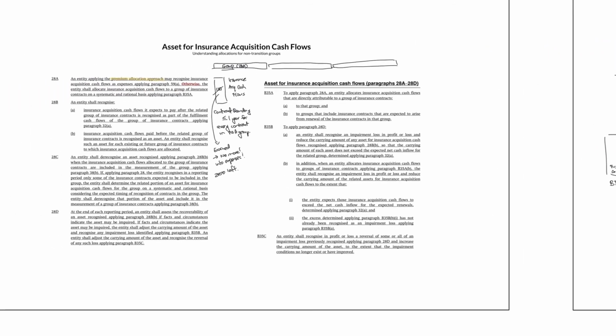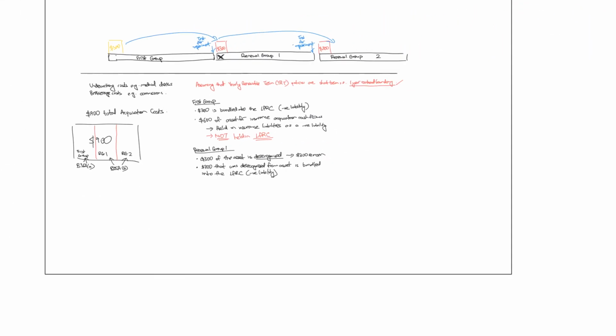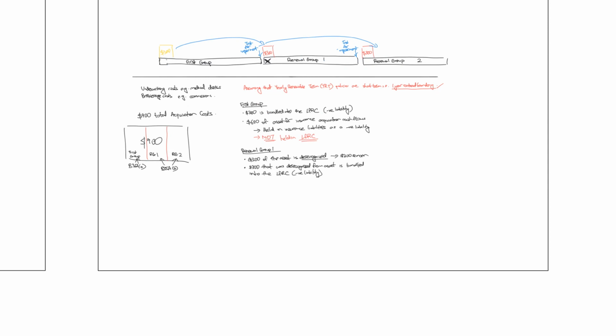So if we go back here, then this is saying you derecognize the assets, 28C, at the recognition of each group of contracts. So we did that here. So we're saying when we recognize this group, so in renewal group 1, when this actually starts, we derecognize 300 and there's 300 that remain.